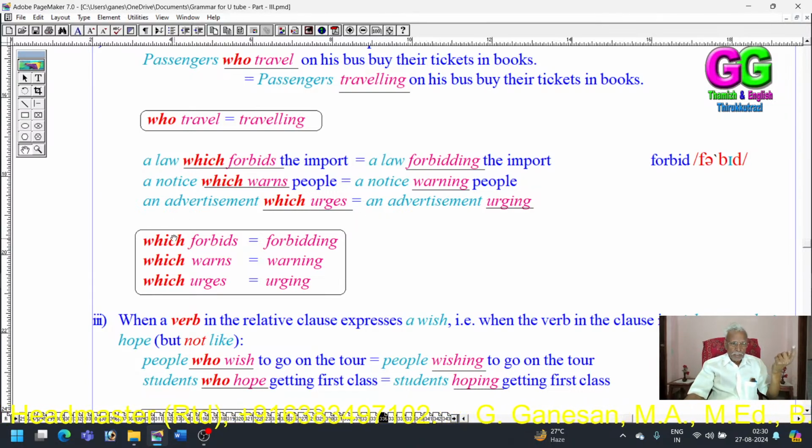That is clause to present participle. Which forbids, forbidding. Which warns, warning. Which urges, urging. But in meaning, this clause and its present participle are the same when they are used in a sentence, either formal or informal, either written or spoken. They have the same meaning.